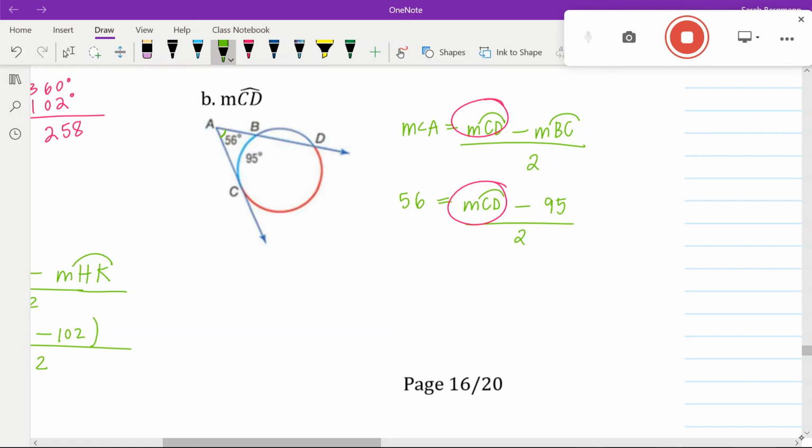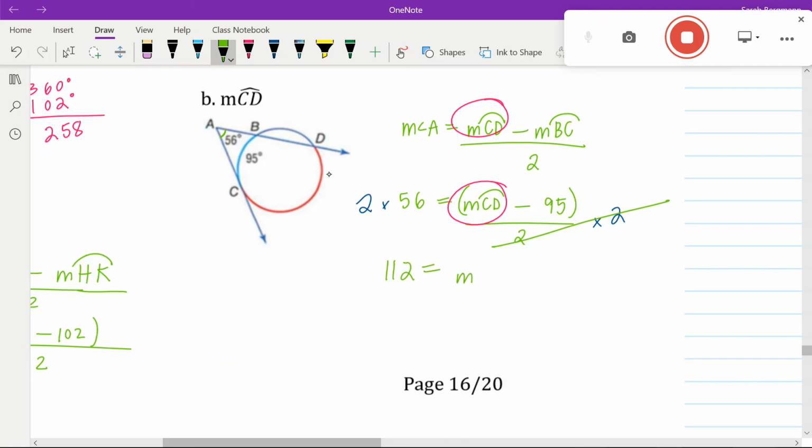The first step to getting that by itself is, remember there's technically a parentheses around this, so we need to get rid of the divided by 2 first. We'll do that by multiplying by 2 on both sides. So over here it cancels on the right side, but on the left side we need to take 2 times 56. That gives us 112.